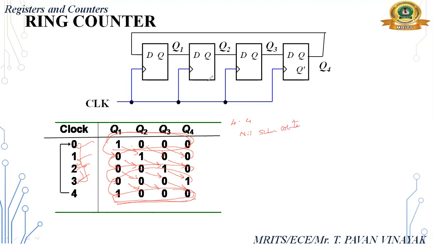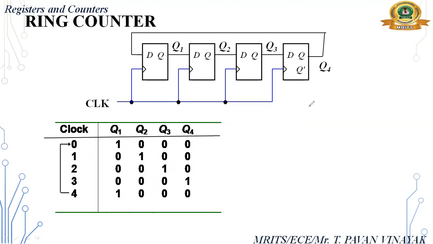Why? Because for n flip flops we get n states. So the state diagram is what? Initially 1000, next 0100, next 0010, next 0001, next 1000, right.